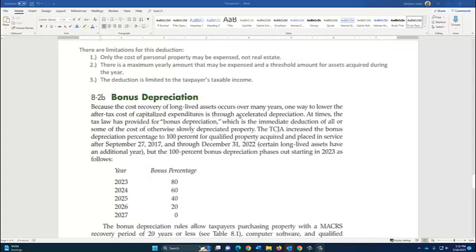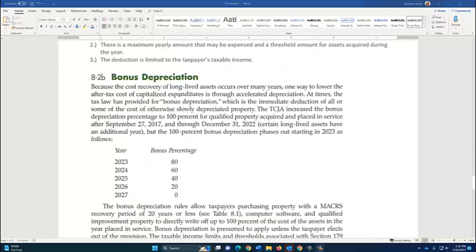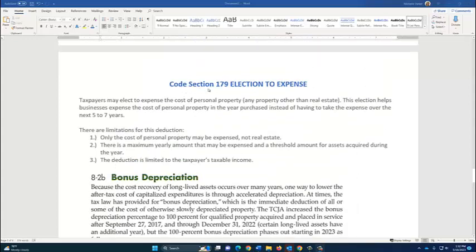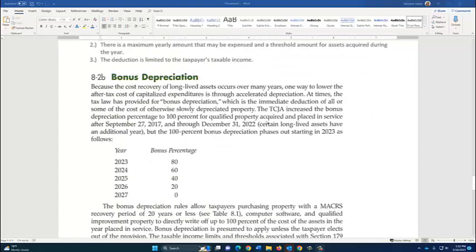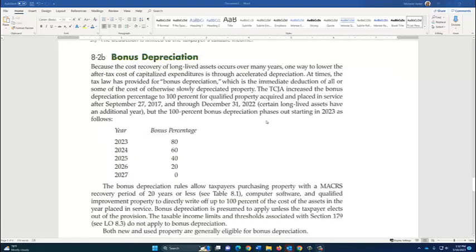And then came the bonus depreciation, which really is much like Section 179, but there is no limitation on the taxpayer's taxable income. So with bonus depreciation for 2022, 100% of the qualified property can be expensed in the year it was purchased.